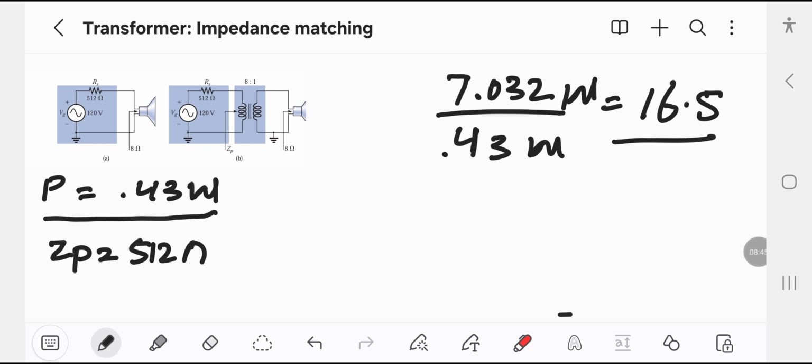So when we put the transformer, the power delivery is almost 16 times greater than the first case.